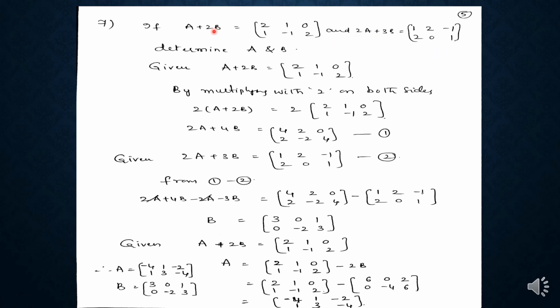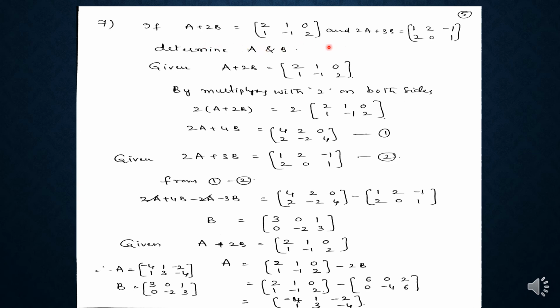In algebraic equations, if we want to solve them, we should equate the coefficients of any one of the variables in the equations. Then by subtracting or adding the equations, we will get the solution.